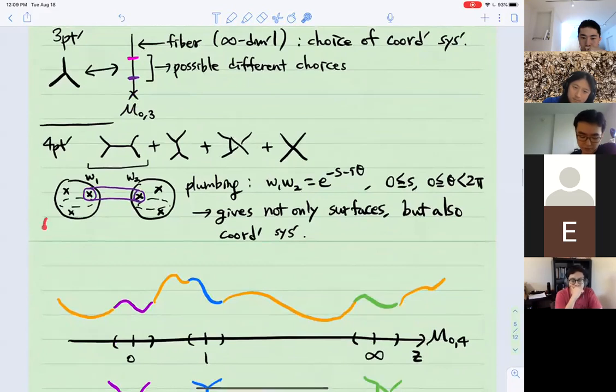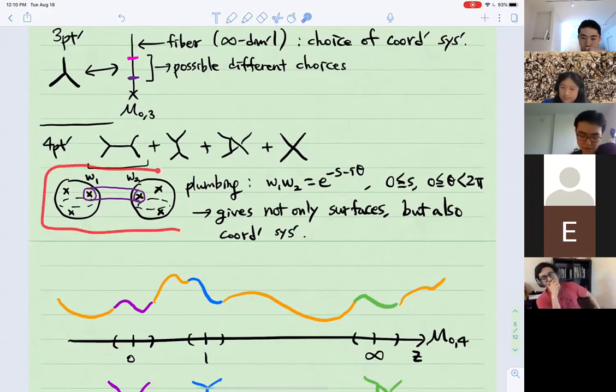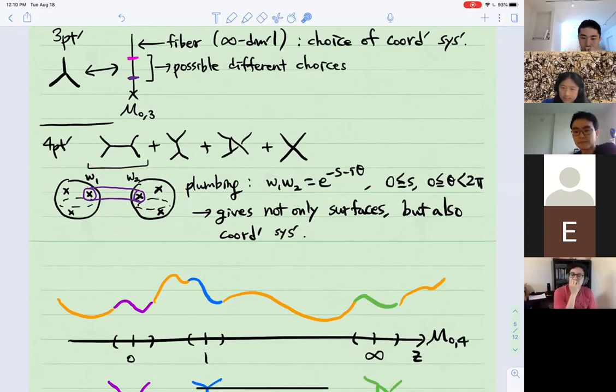So each of the vertex, you have 3 punctured spheres, and you have some local charts which you defined when you made the choice of the vertex around these punctures. And you simply plumb them by identifying 2 charts by some family of parameters. This effectively makes a tunnel between these 2, and this entire thing becomes a 4 punctured sphere. Okay, so that's what we mean by this.